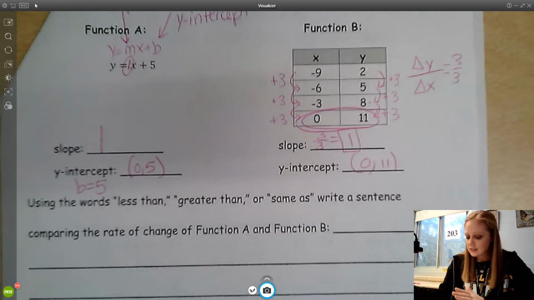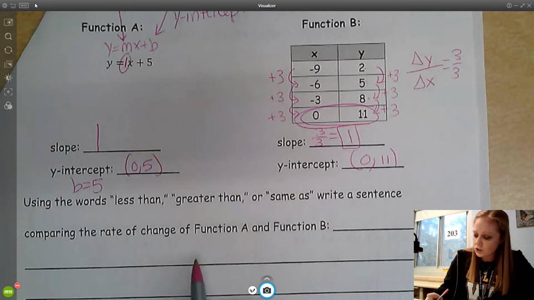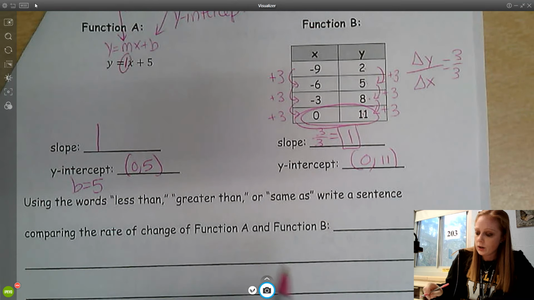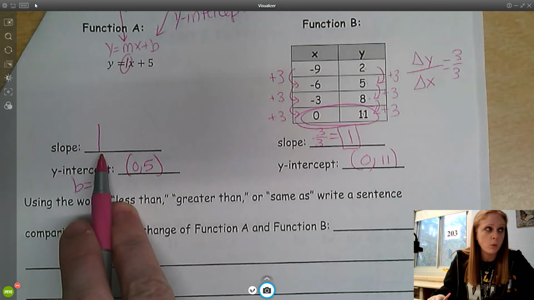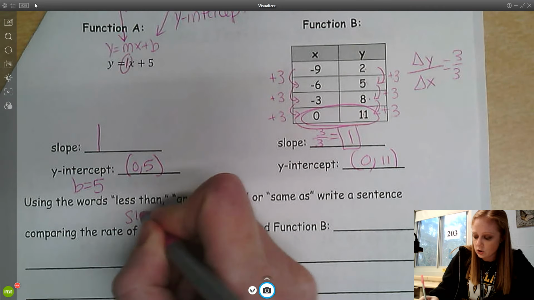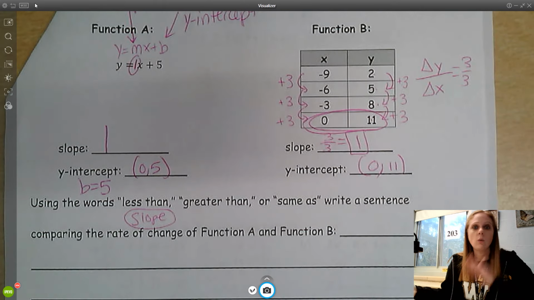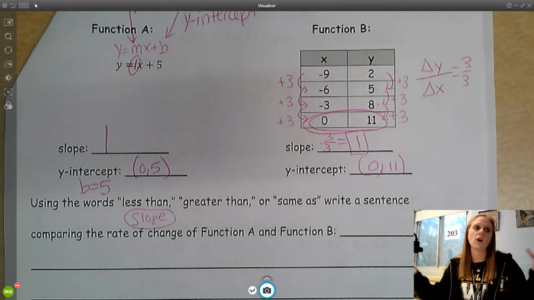Okay, and now one last time we're going to write a sentence comparing the rate of change from function A and function B. Okay, so we have a slope of 1 for function A. Remember, slope is the same thing as rate of change. And here we have a slope of 1. 1, 1. The rate of changes are the same.